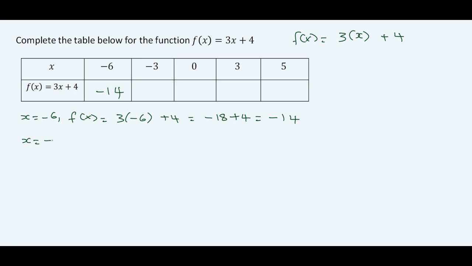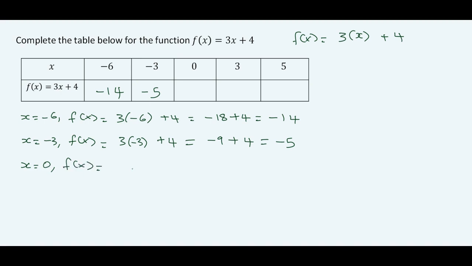X equal to -3. F of x is going to be 3 multiplied by -3 plus 4, which is -9 plus 4, and that's going to give us -5. So we have -5 here. X equal to 0.